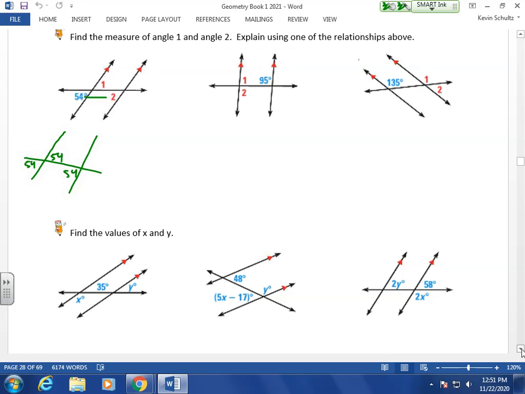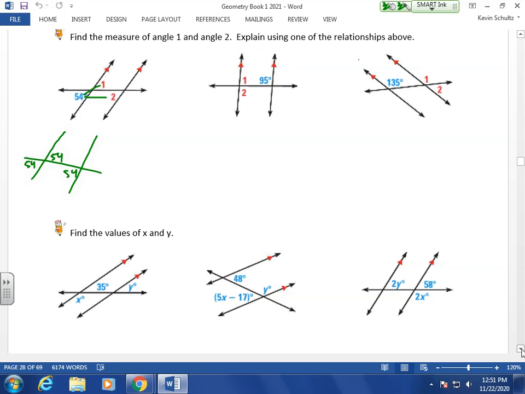So you can go from the given angle to angle 1 and then angle 2. You could go from the given angle to angle 2 first because of corresponding, and then to angle 1. Or you could get each of them separately: vertical angles for angle 1, corresponding angles for angle 2. There are lots of different ways.